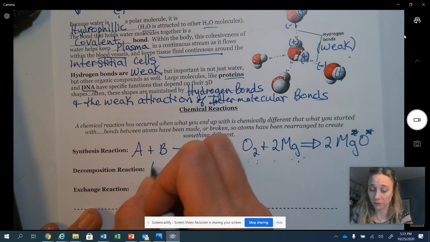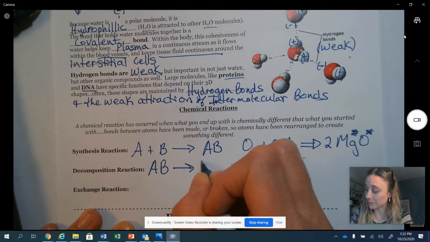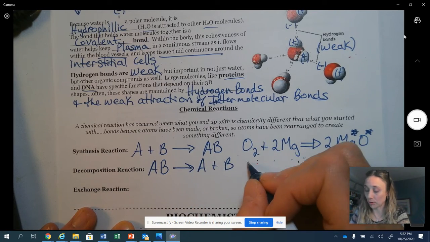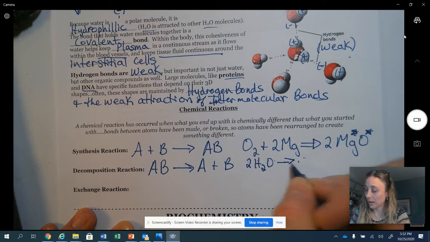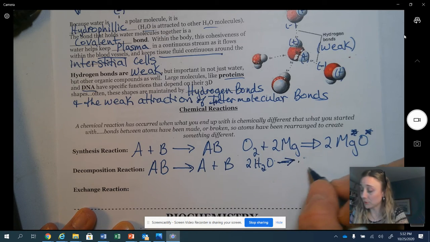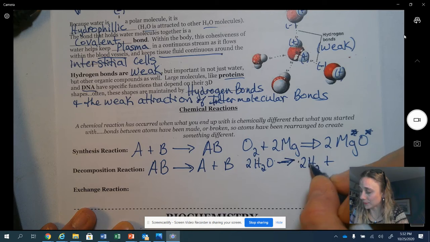Decomposition would be the reverse, maybe compound AB, so they're stuck together, and they just break apart. If something's decomposing, it's breaking apart. For example, you could have 2 water molecules, and you could put electricity through them and actually break them apart into 2 hydrogen gas molecules. Hydrogen gas is always H2.